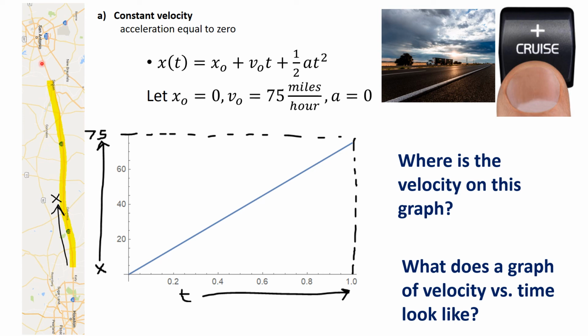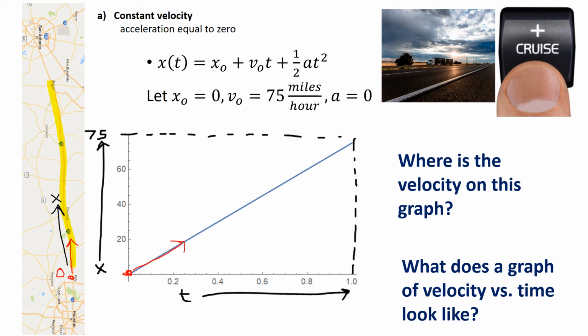So what would this road trip look like on a graph? We're going to plot our position over here on the vertical axis and then our time here on the horizontal axis. Let's call the start point 0, okay? So that's point 0, that's where we're starting, and we go drive down the highway, and there's time that elapses.